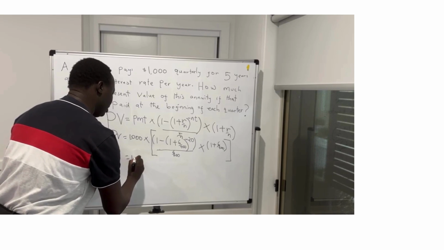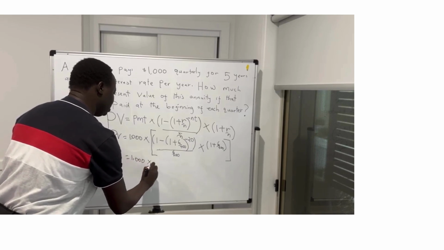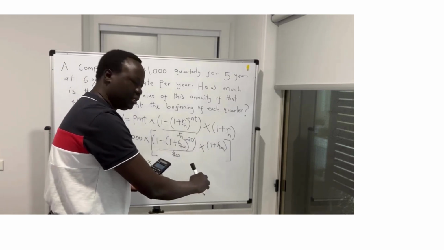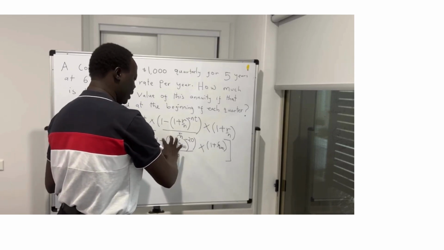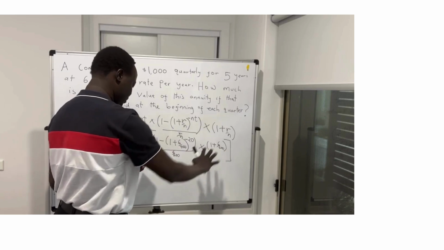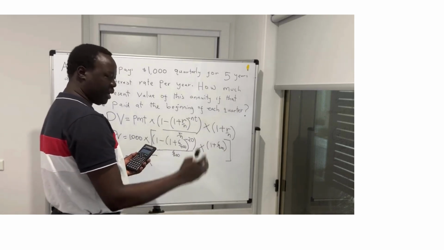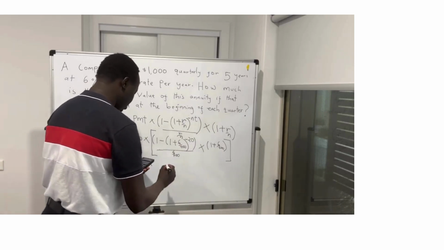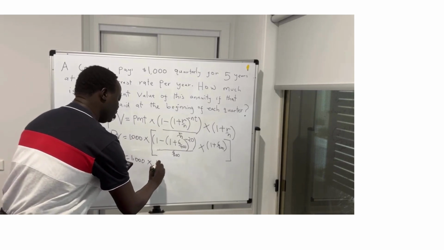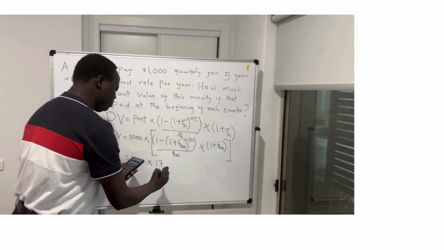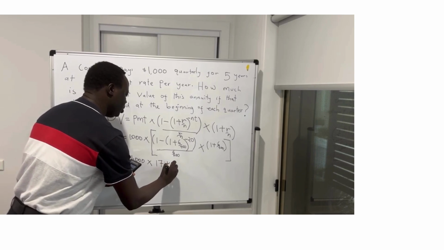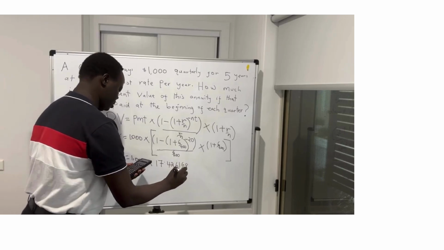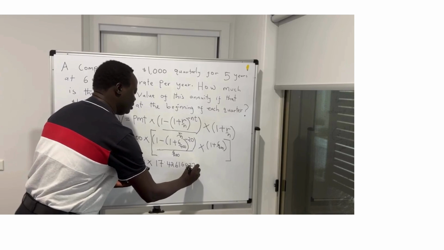This is what you got after that. This 1,000 times the things you got from all the calculation inside here. The answer you got by calculating everything inside here is what we call the present value of an annuity due interest factor. And this is what you got there, 17.426 16837.